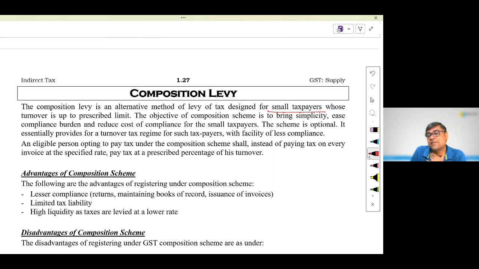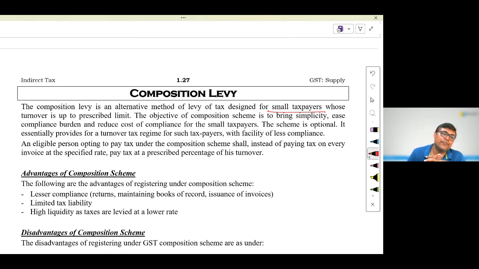It is easier for the big companies. They may hire the services of a professional person for doing all this job. But in case of a small taxpayer, it is not cost effective.